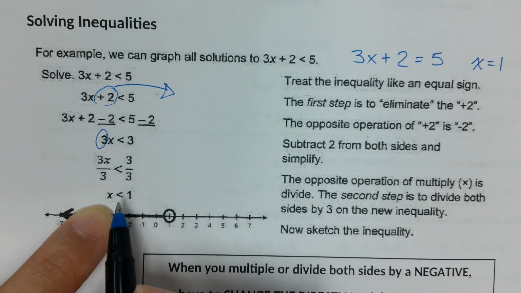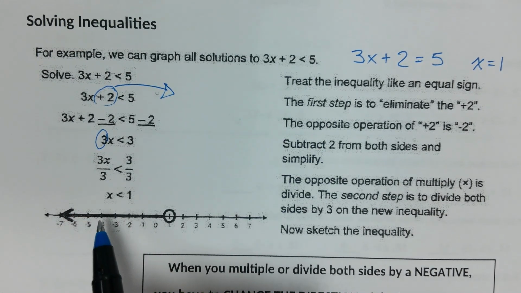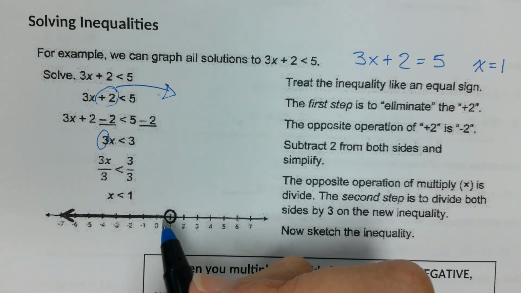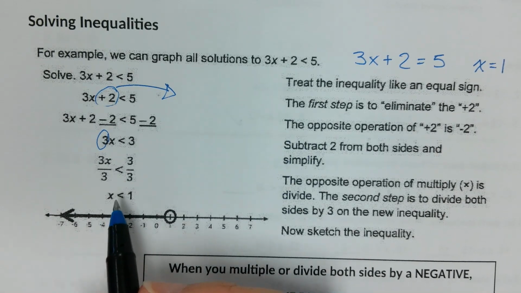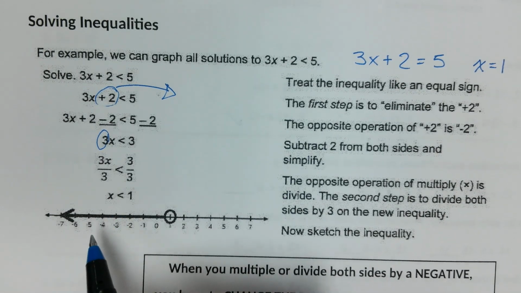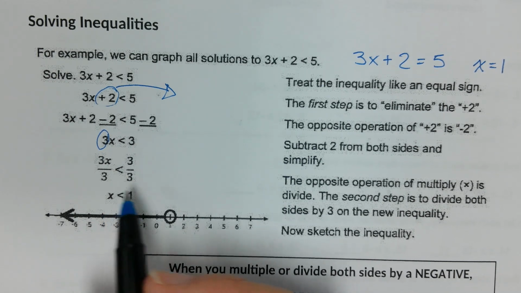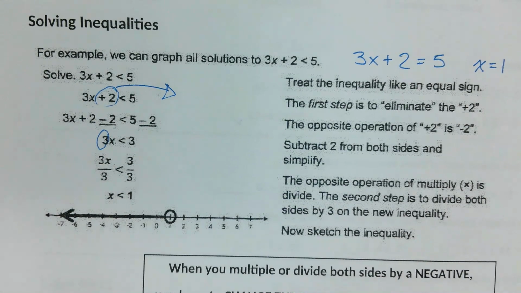But if I have an inequality, how many answers do I have? Pedro? Infinite. Because x could be 0, x could be negative 5, x could be negative 10, x could be negative 100. So all those numbers satisfy this inequality.